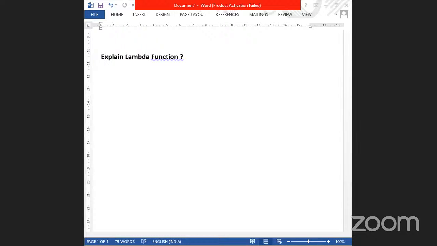Similarly, the lambda keyword is used to define an anonymous function in Python. A lambda function can have any number of arguments, but only one expression, which is evaluated and returned. So this is simple.